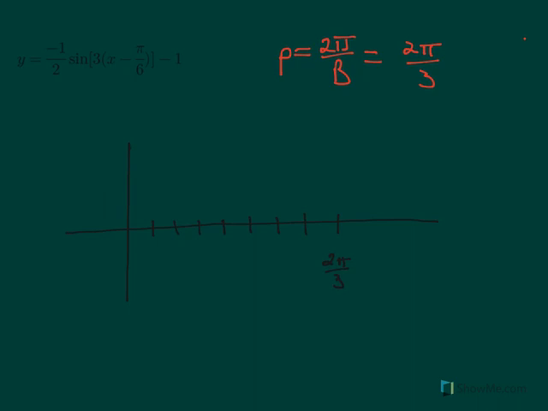And let's just make sure you can find your pi/6, your phase shift, on this scale. When you have a phase shift, you need to make sure you have a scale that accepts your phase shift. So we need to be able to know where pi/6 is on our scale. If this is 2 pi/3, then we know 4 boxes is going to be pi/3.